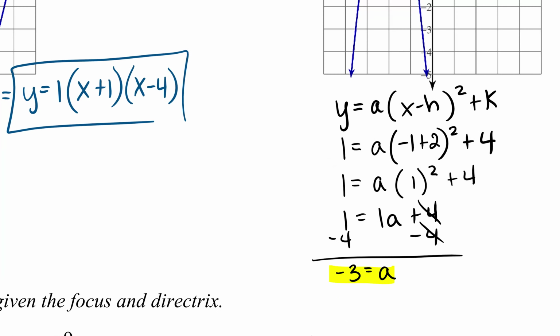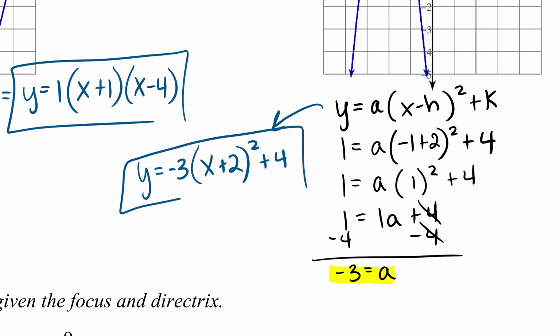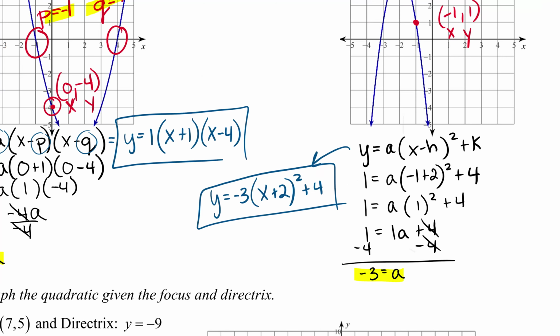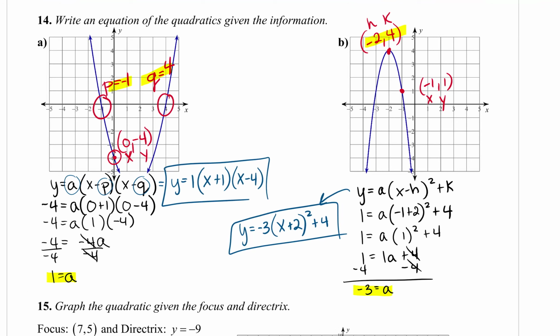So I have Y equals A is -3, (X plus 2) squared plus 4. And that's my answer. So you do have to know both ways because on the test you'll get one or the other. You won't have to do both, so only one of these, but that's how you do both of those.